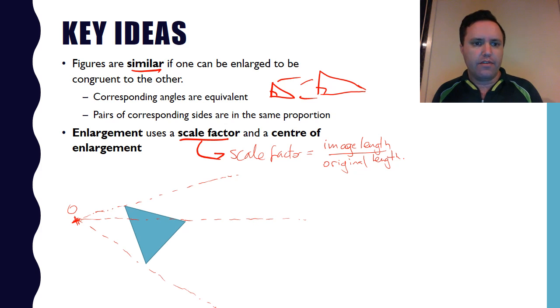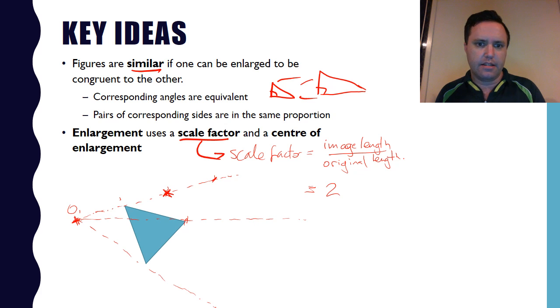Then whatever the scale factor is, let's say we're going to make it equal to 2 for this one. So this length here, we double it. There's our new point here. That length gets doubled to here.